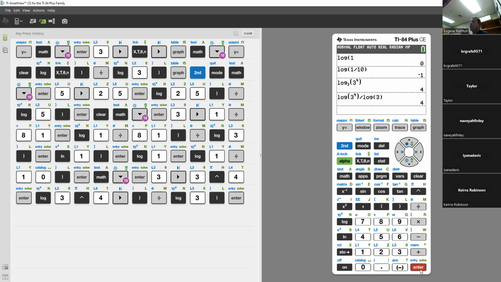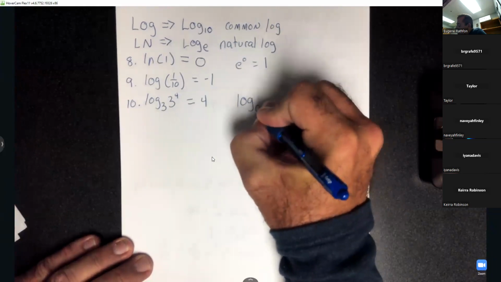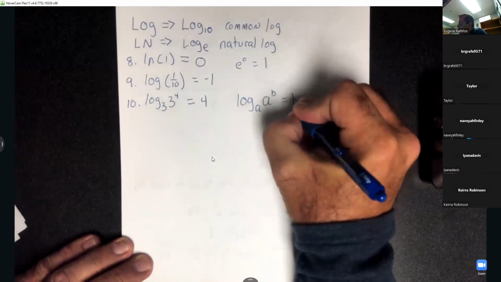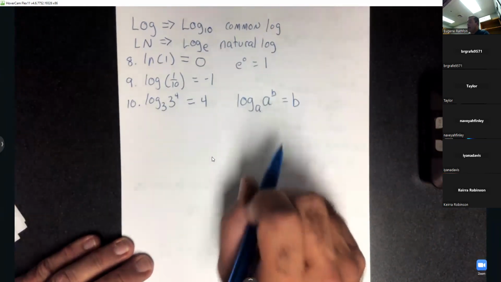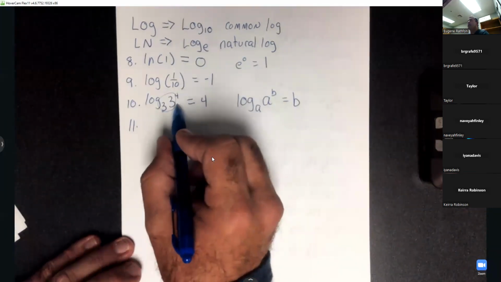Either way you go, you're getting a 4. Which means anytime you got a log base a of a to the b, the answer will always be the exponent b, okay? True every time these bases match those results.